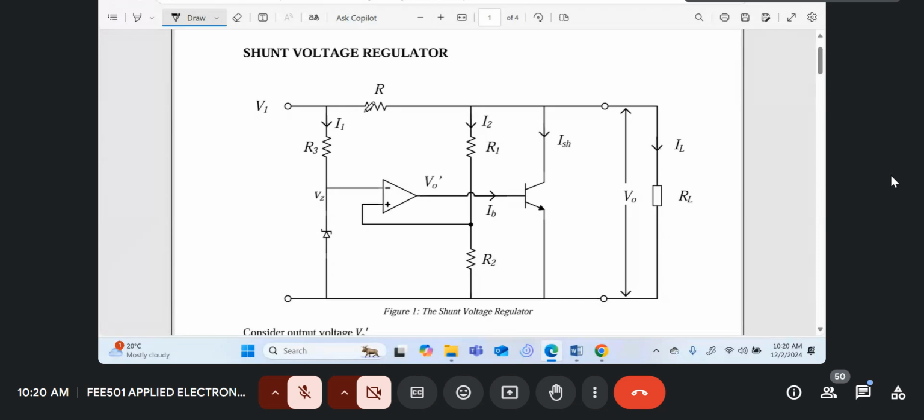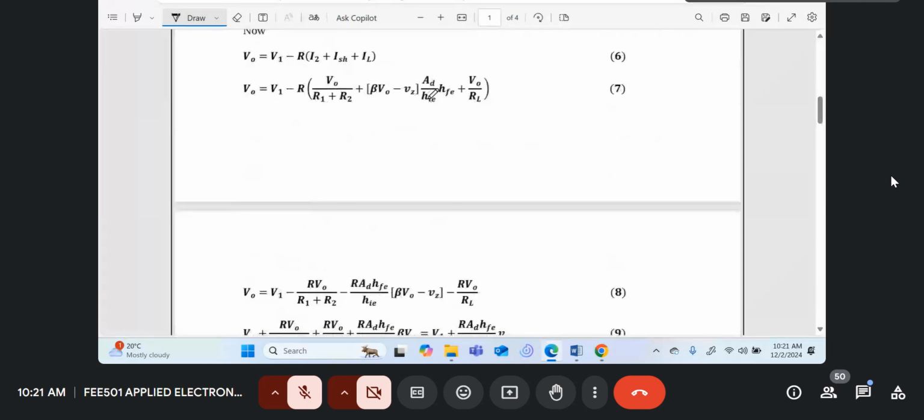These currents will pass through this resistance, capital R. So power going into our regulator will be the voltage from this point times into brackets I2, I shunt, and IL. So that's what I've used over here.